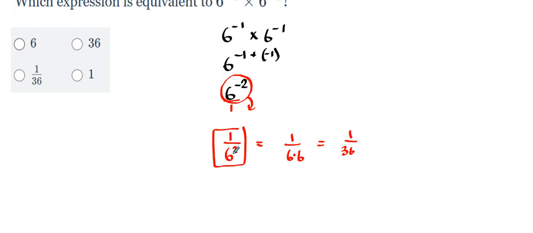They found the value of 6 squared, which is 6 times 6, so 1 over 36. I do want to point out that in Delta Math, when the exponent is usually less than 3, they might have you do this step, but if it's over 3, they're typically going to leave it as 1 over 6 squared. So the correct answer for this is 1 over 36.